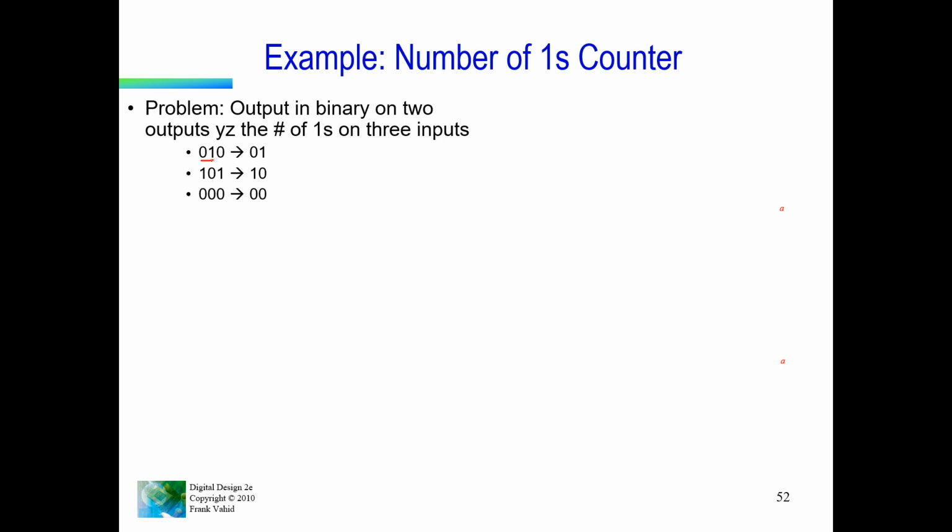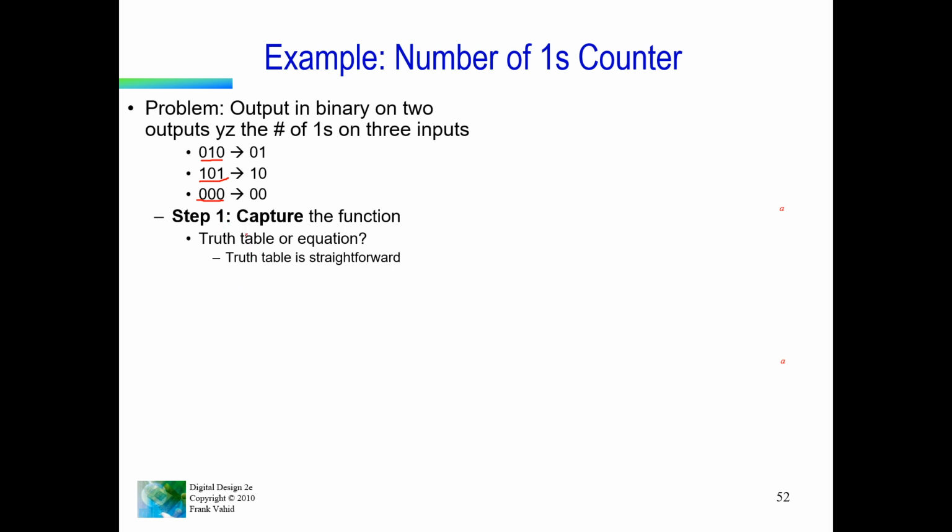For instance, here there is only 1 one, so the output is 0 1, which means 1. And here there are 2 ones inside our number, so the output is 1 0, which means there are 2 ones, so this is 2. And if there are no ones inside our input, then the output is 0 0, which means there are no ones inside our input.